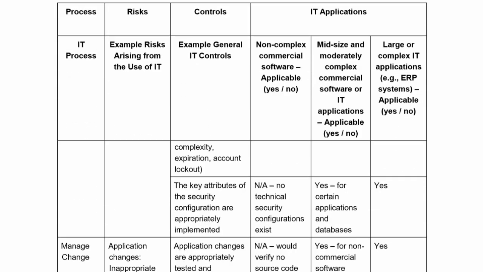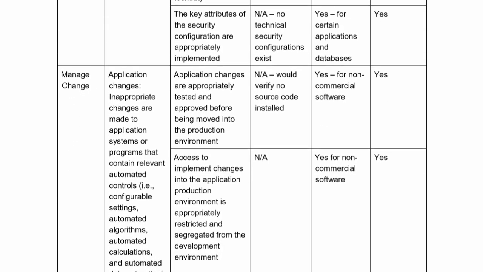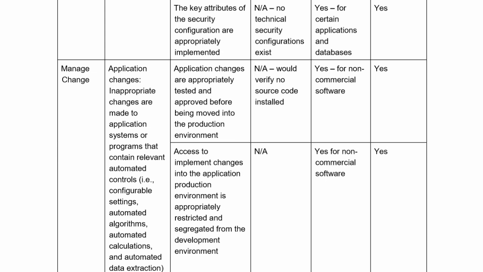Okay, and then just with regards to changes to the applications or processing or programming, you can't do that for your less complex type of systems, but you can if you develop the program itself. Okay, so you can just work through those just so that you can see, but nothing too complex. I wouldn't spend too much time. It's just trying to understand the different type of systems that are applicable.